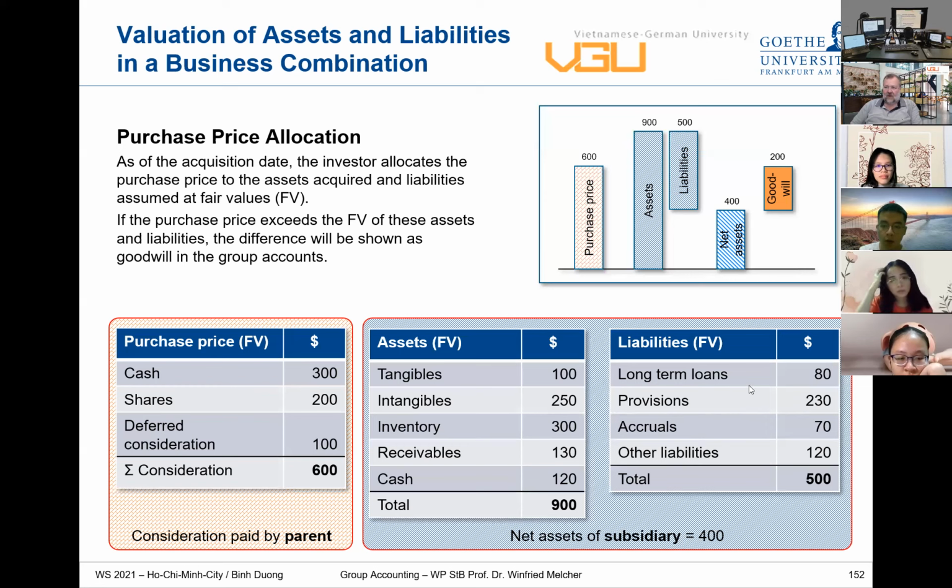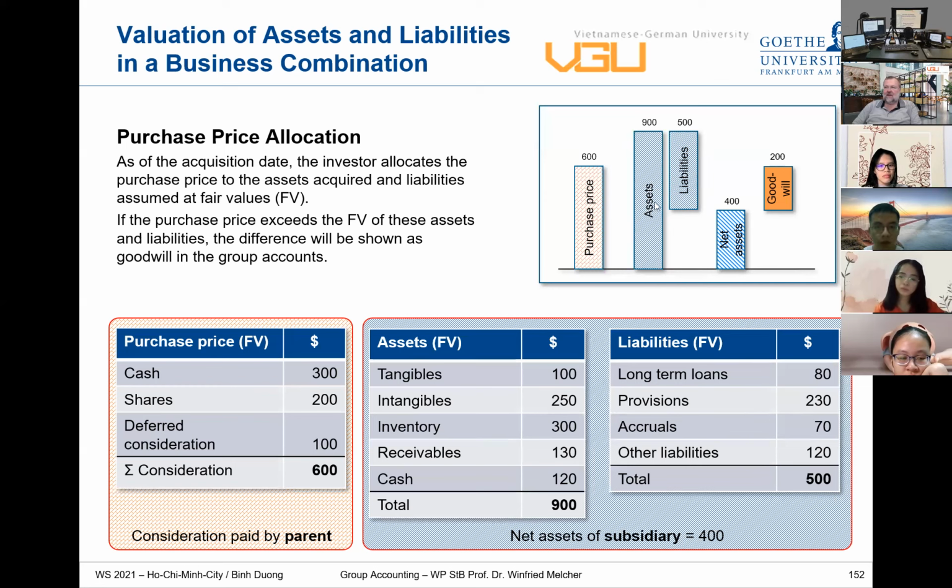So they have long-term loans valued at a fair value of 80, provisions, accruals, other liabilities, and so on. So we have a total of 500 liabilities. So when we compare that, we have 900 assets and liabilities of 500, both at fair value.